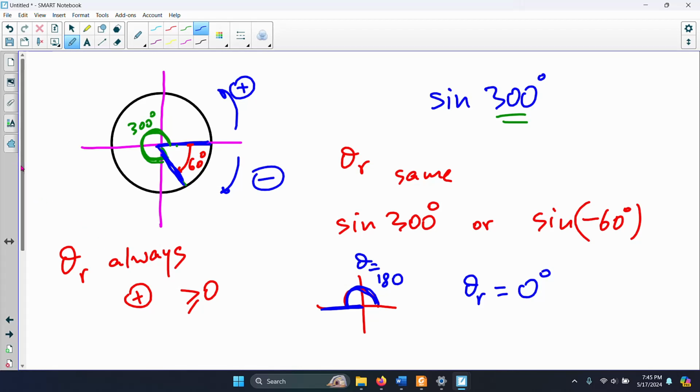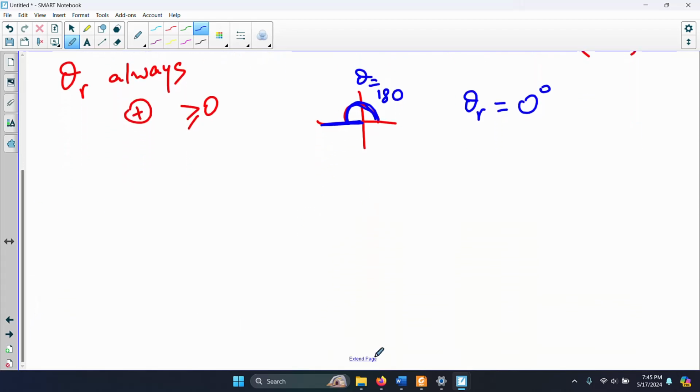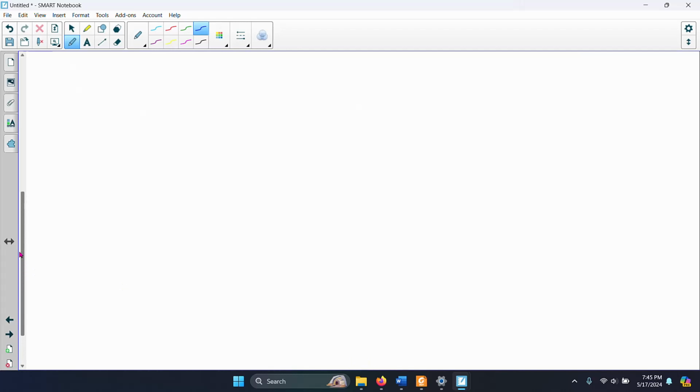I mean, you could do a couple of practice problems. In fact, I think that's what I'll do now to reinforce this idea. So if I have, as an example, theta equals 210, and another, let's say negative 210.